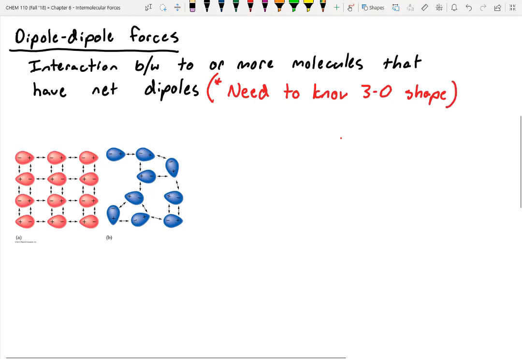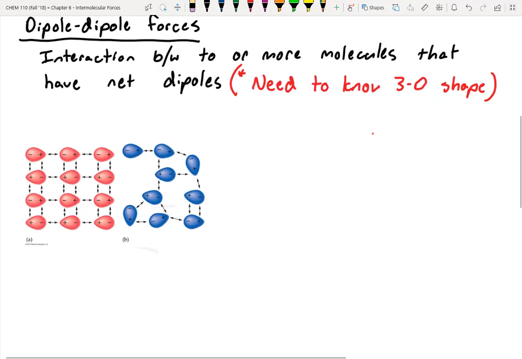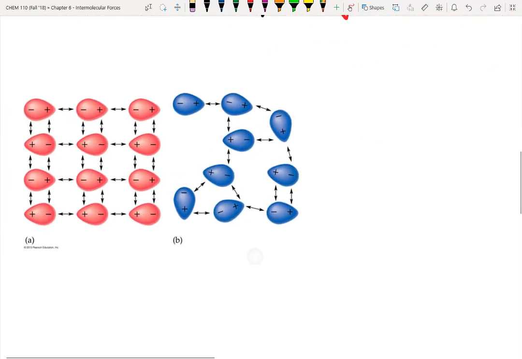All right, so let's take a look at an example on the left here. The example on the left, I'm actually going to break this down the middle, is a solid. And molecules in the solid phase are pretty interesting. So maybe right here we've got a partial positive end on the right-hand side of a molecule.